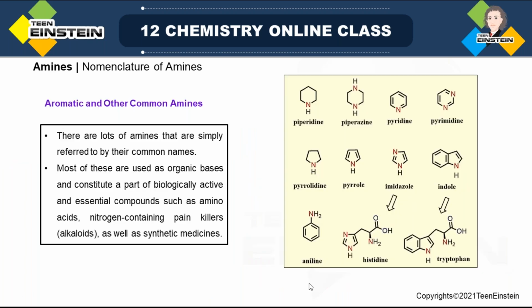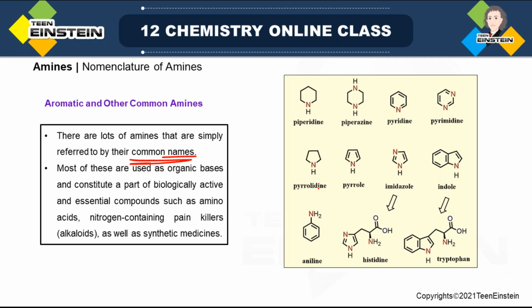Now we will see some aromatic and other common amines. And all the names that you are seeing here, they are basically common names. There are lots of amines. Most of the time you will see they are referred by their common name, not IUPAC.